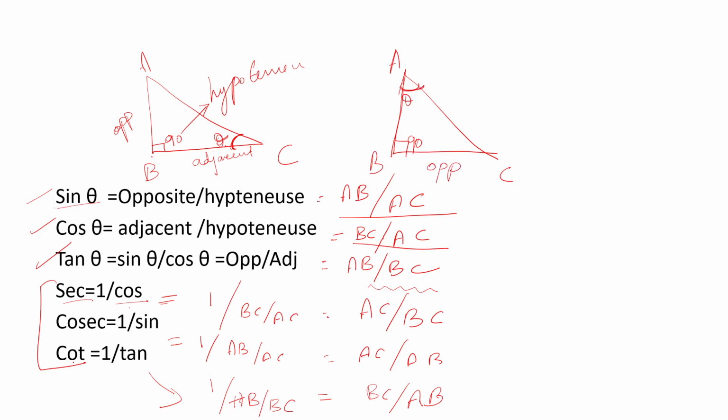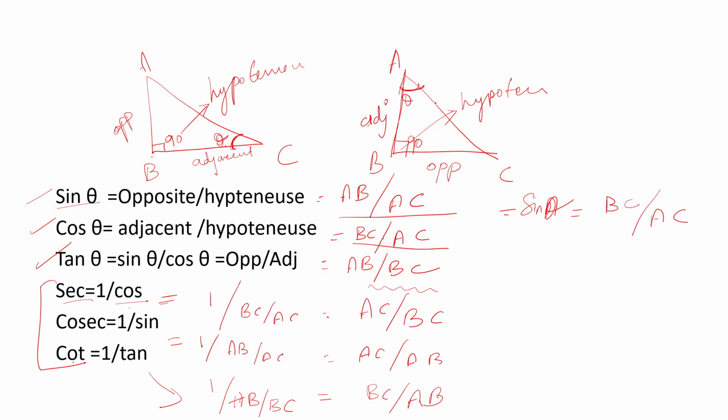This becomes the opposite side and this becomes the adjacent side, and the side opposite to 90 degrees is the hypotenuse. Now if I ask sine theta, that is sine A, theta is angle A. This becomes opposite by hypotenuse, that means BC by AC.